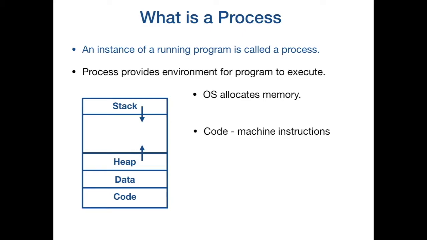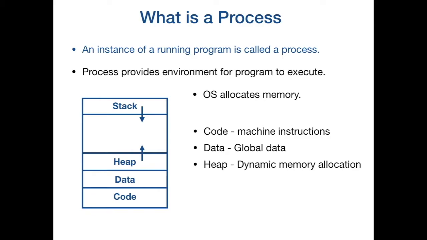The virtual address space will contain code segment, which is the compiled machine code. There is a data region which contains global variables. Heap segment is the one which is used for dynamic memory allocation, and stack is used for storing local variables of a function.